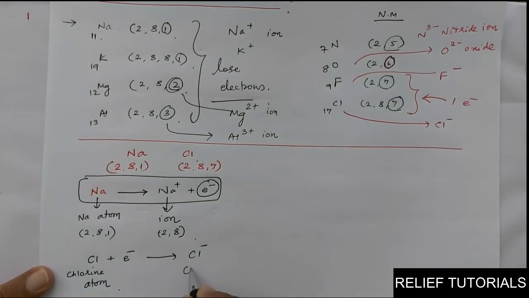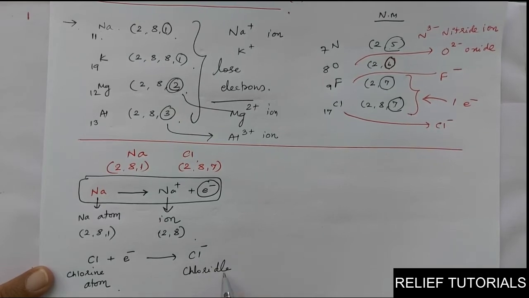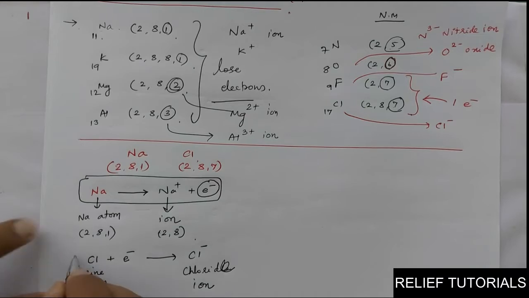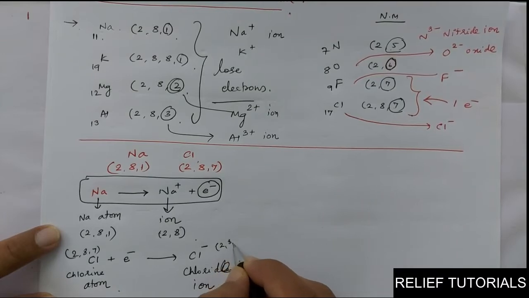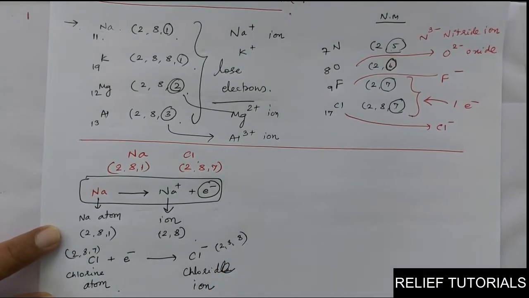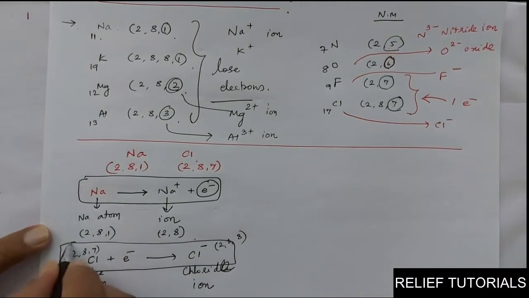And what is this? This is chloride ion. Configuration of chlorine was what? 2,8,7. And what is the configuration of chloride? 2,8,8, because it has gained one electron. So this is the representation of ionization of chlorine.